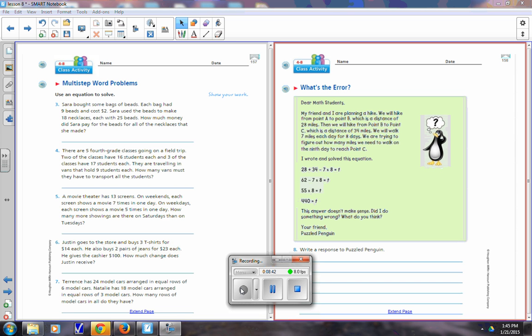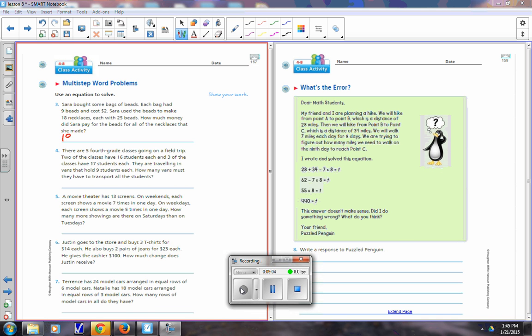Okay, well, each bag had 9 beads and cost $2. Sarah used the beads to make 18 necklaces, each with 25 beads. So first things first, we need to figure out how many beads she used. So we need to say 18 necklaces times 25 beads each.